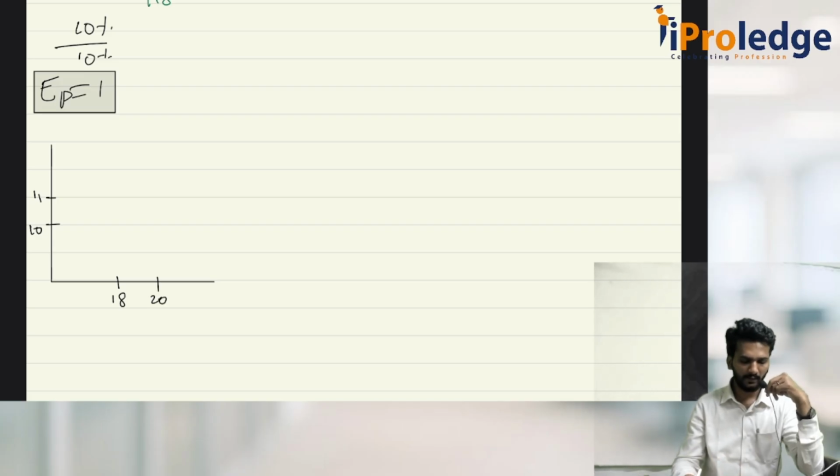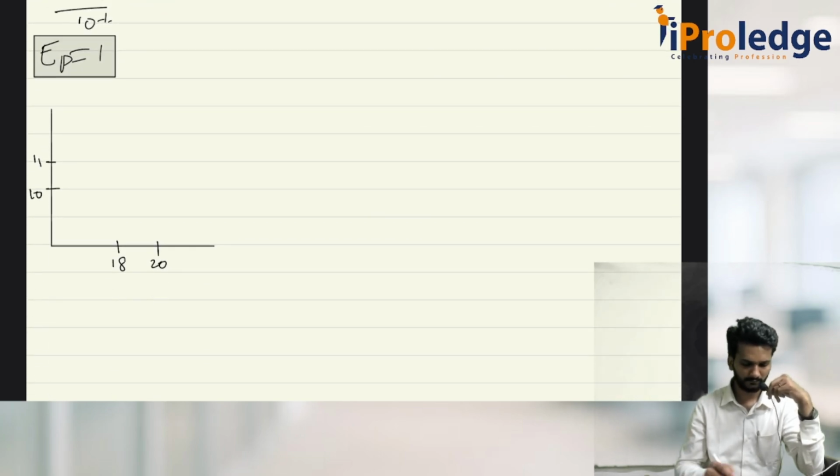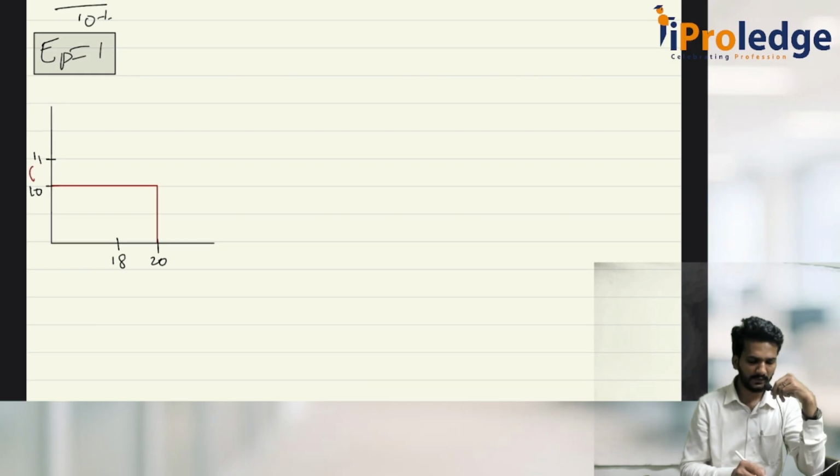Now you tell me, when the price is at 10 rupees, what was the quantity that is being demanded? 20 units. When the price increased from 10 to 11, what happens to the quantity? That has decreased.